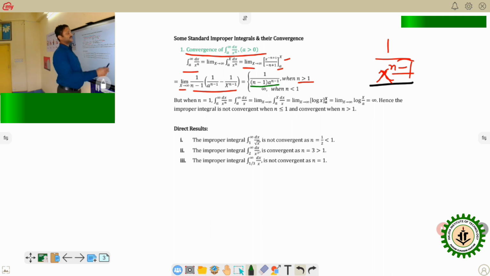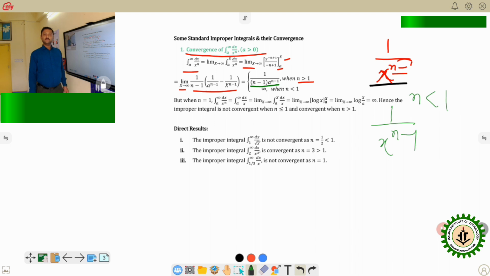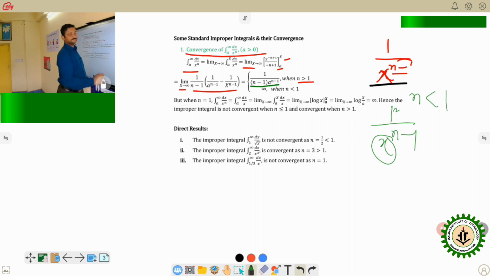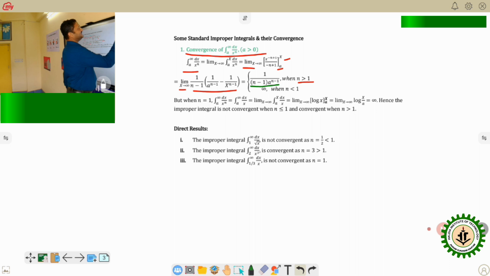And if n is less than 1, in that case what will happen? If n is less than 1, then this n minus 1 will be negative. If n minus 1 is negative, then X will come in the numerator, so X to the power minus n plus 1.